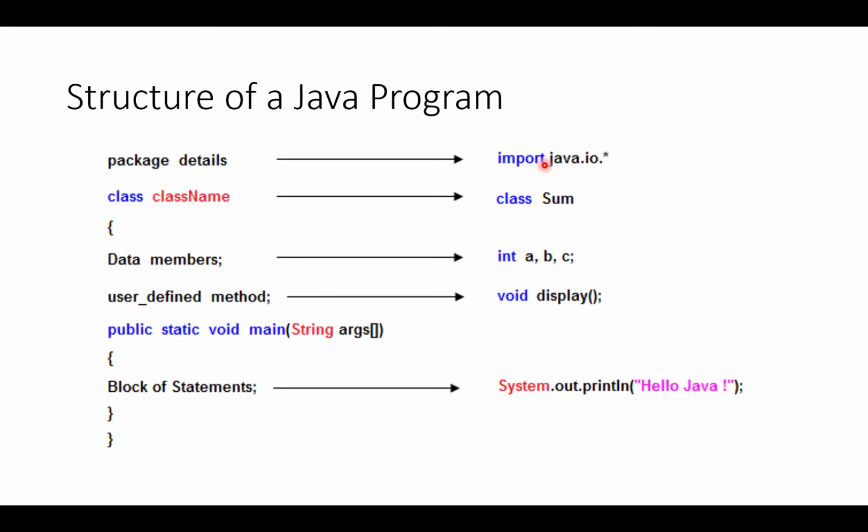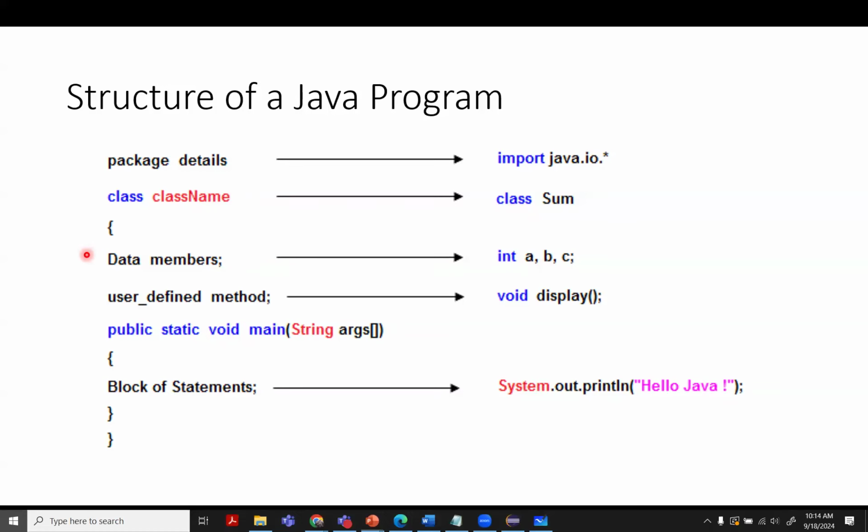So java.io is a library to process any kind of input and output handling. I'm creating the class, which is termed Sum in this case, and now I assign a data member. The data member is the integer values that I can create.